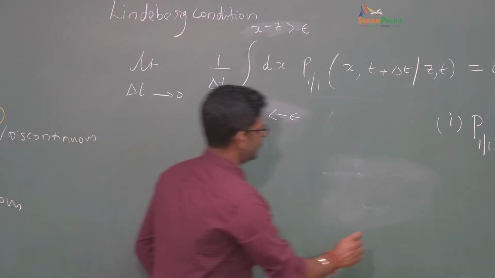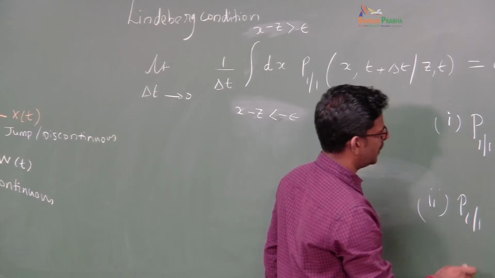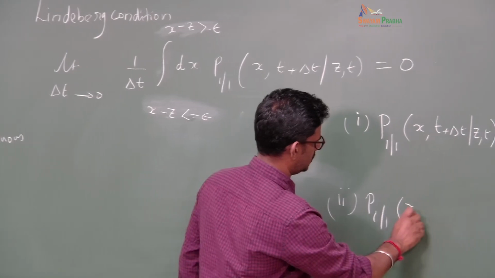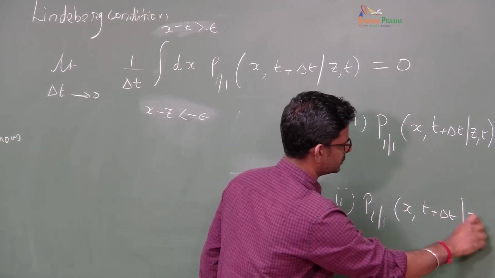Now the second example is, suppose I have P11, x of t plus delta t given zt.